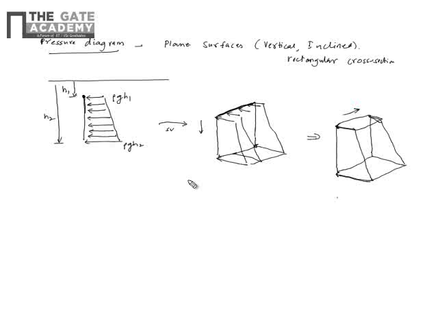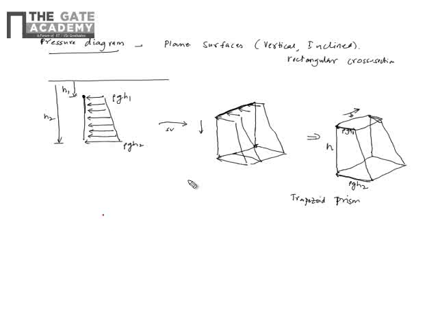So you have a prism with the face, you have a trapezoidal prism. The face is a trapezoid, and it's a prism because you extruded that trapezoid. Now if you're able to build this pressure diagram, which is easy, let's say this is the height h2 minus h1, this is the width b, and this is your rho g h2, and this is your rho g h1.